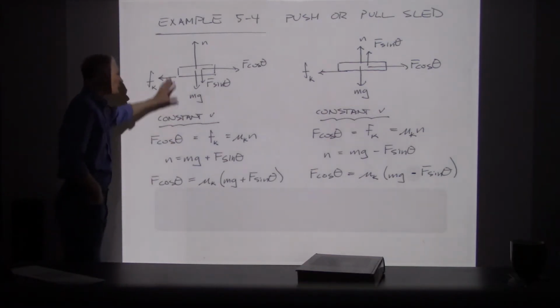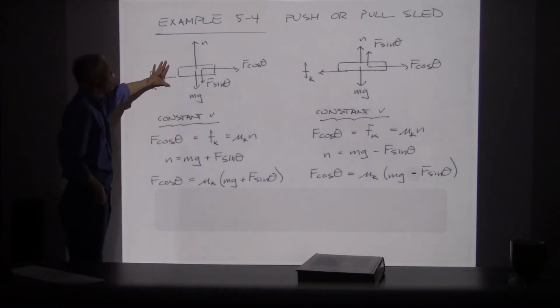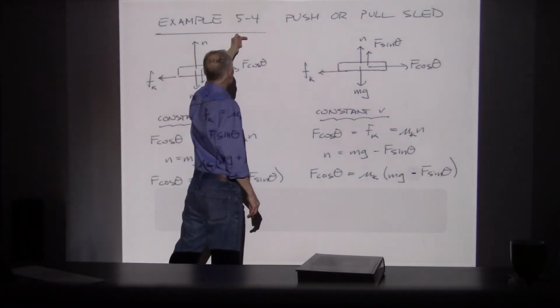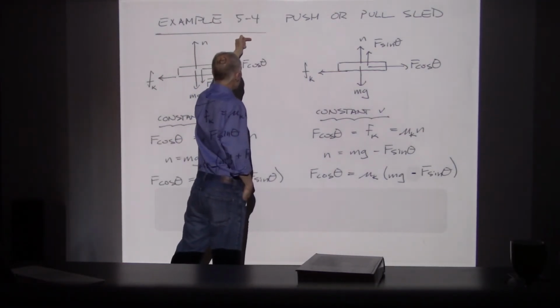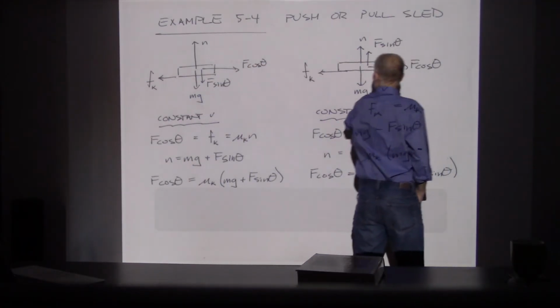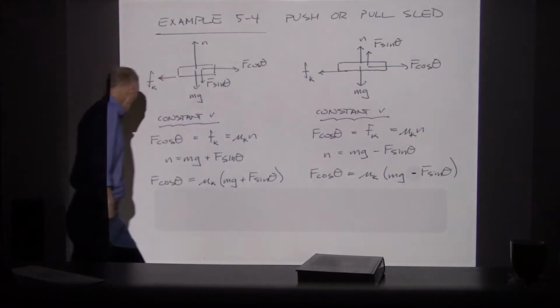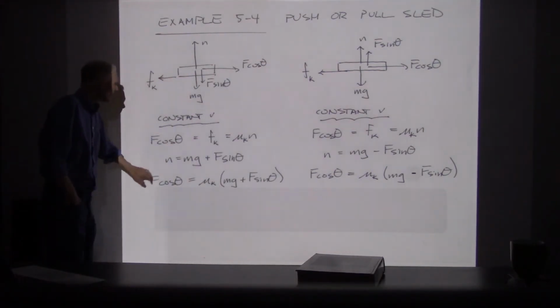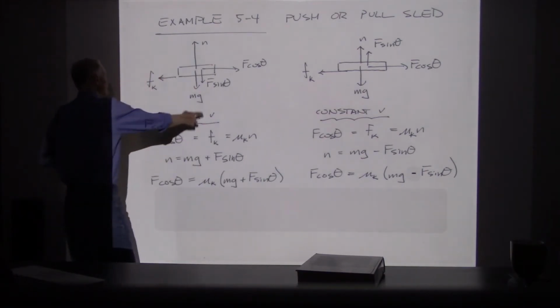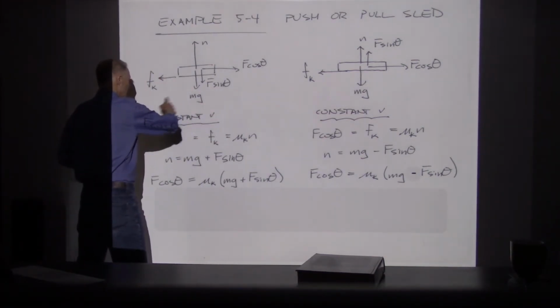F cosine, in order to maintain constant velocity, right? So we need a velocity here that says constant. So we'll say this is velocity and it's constant, and this is velocity and this is constant. And so F cosine, in order to be, oh, it's right here. I'm sorry, I missed my own statements. So it is constant velocity.